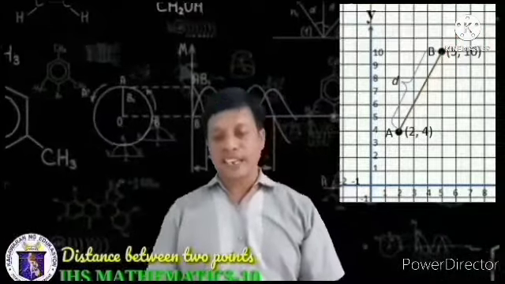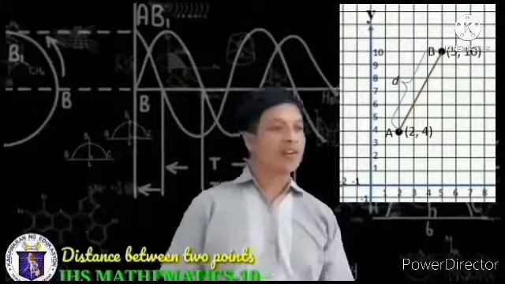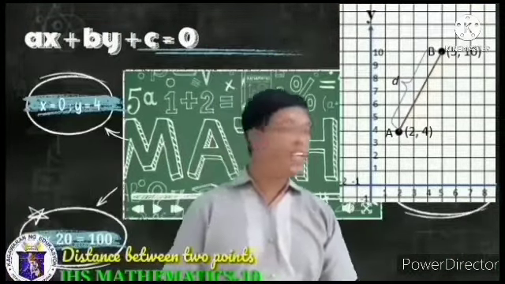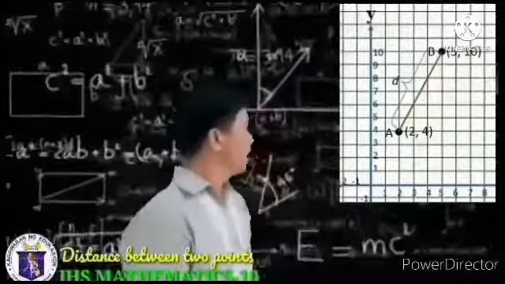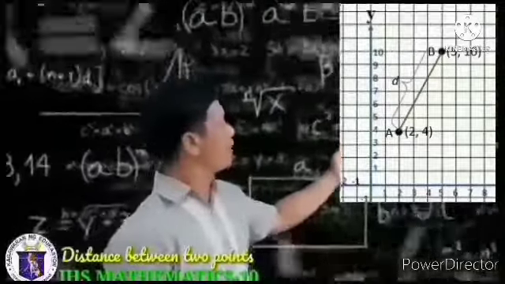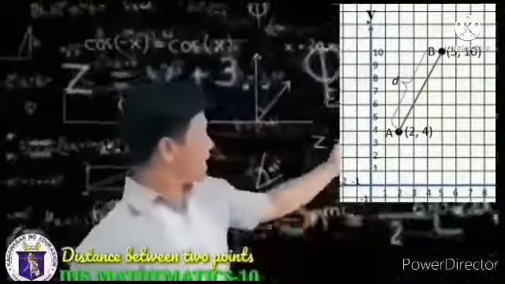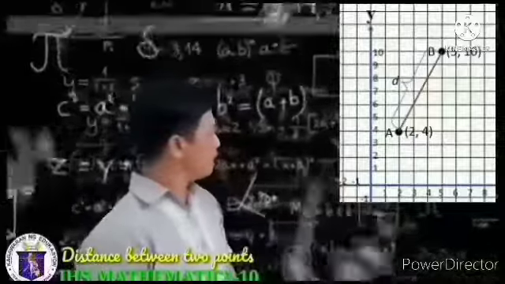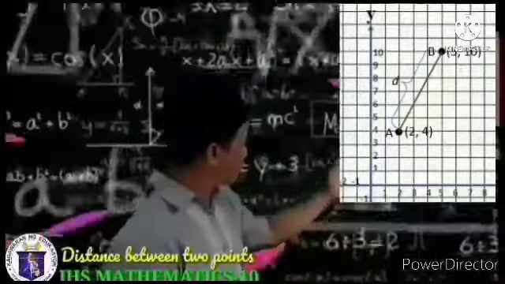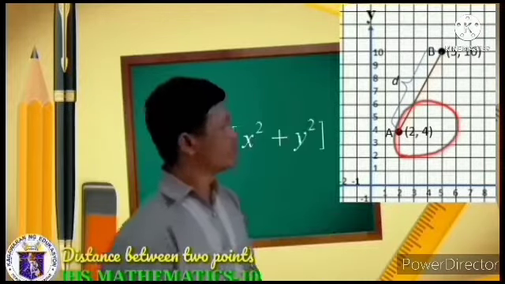As what I have said earlier, it's up to you which point you are going to assign as point 1 or point 2. So in here class, let's take letter A as our point 1 and B is our point 2. Since A is point 1, we can say that x sub 1 equals 2 and y sub 1 equals 4.